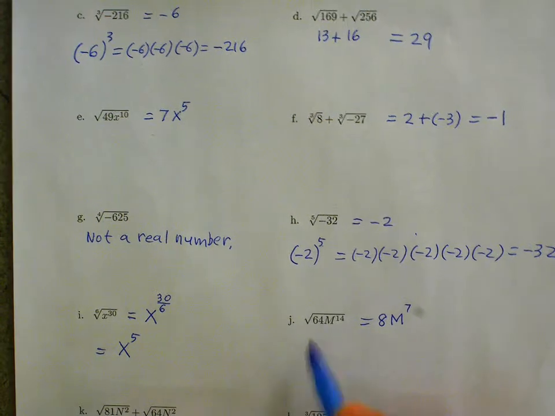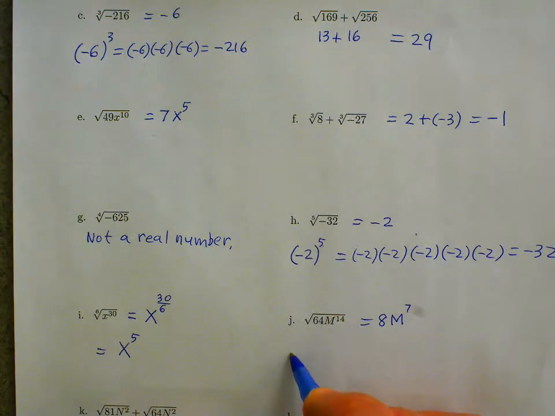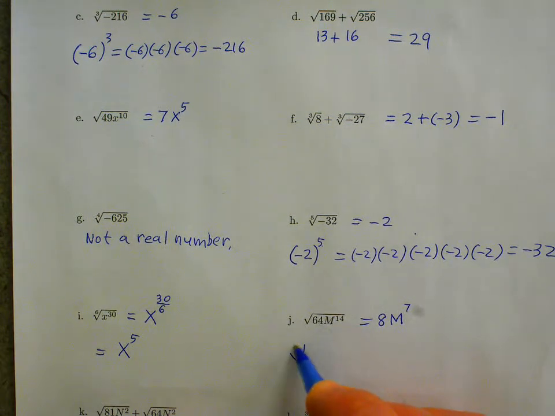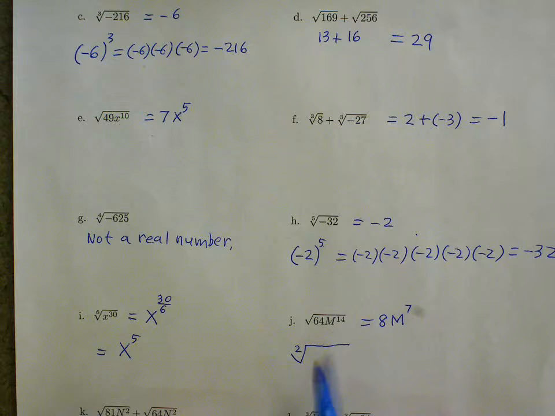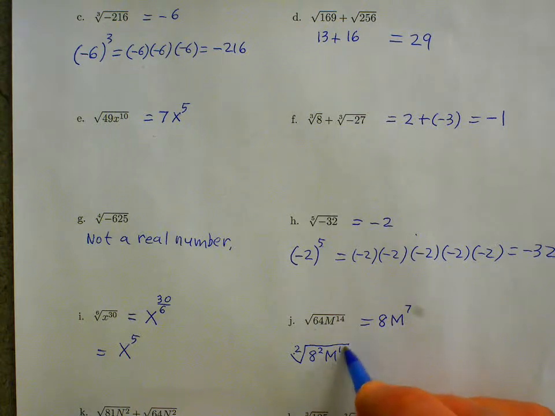So remember, the square root has an index of 2. So we could rewrite the square root of 64 m to the 14th as the second root of 8 to the 2nd times m to the 14.